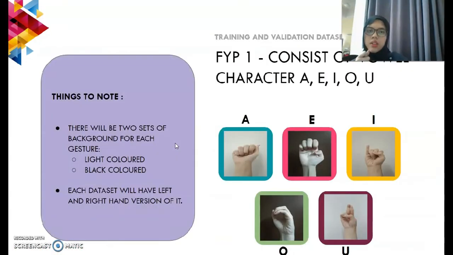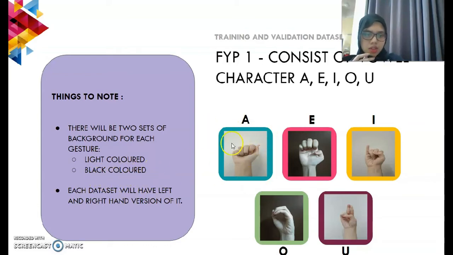Here is the information for the training and validation datasets. For FYP1, I collected the datasets for the vowel characters A, E, I, O, and U, and here is an example of the datasets. Here are the things to note. For each gesture, there will be two options for background: one is light colored, and the other is black or dark colored.